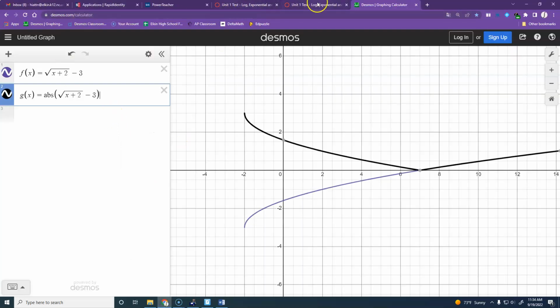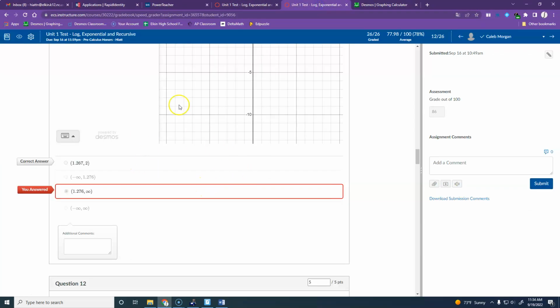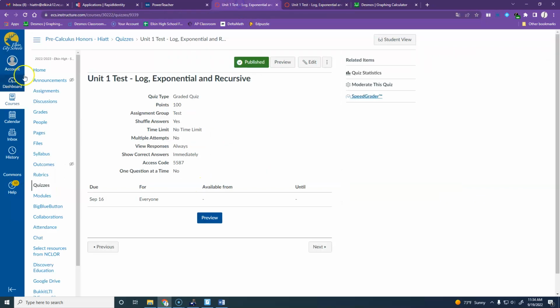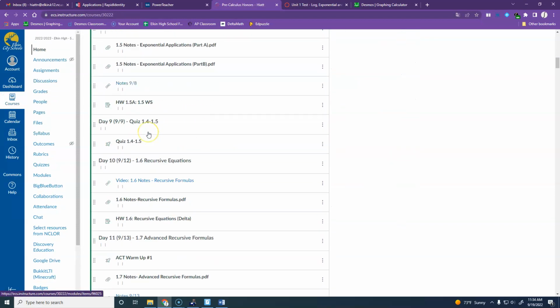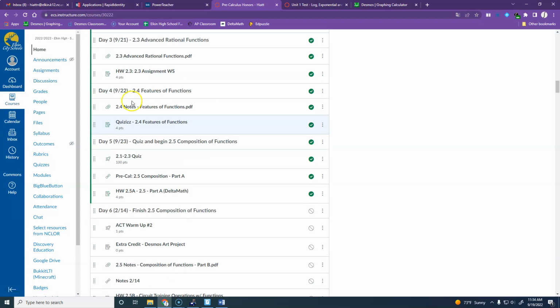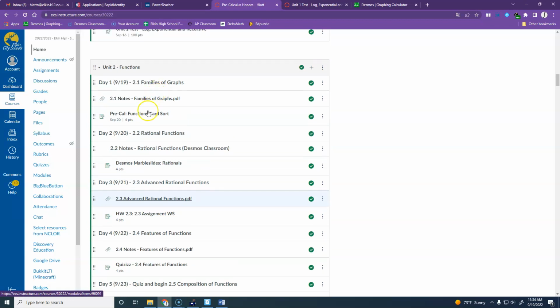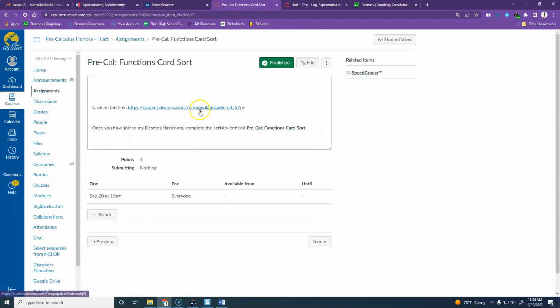Let me show you your assignment for tonight. It is going to be on Desmos Classroom, which I don't think we've used yet in here, have we? No. It should be on Canvas; if you click here, it's going to have a link that hopefully works to add you to the class.